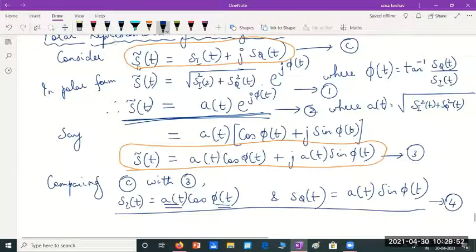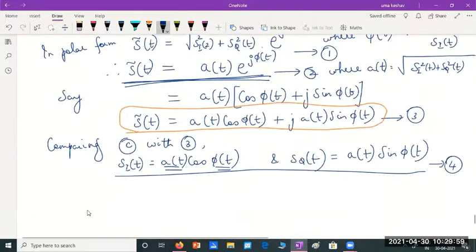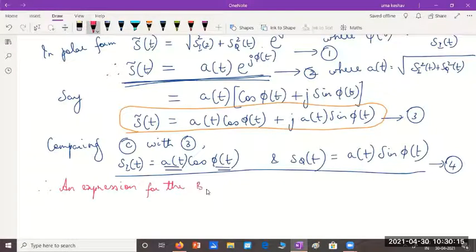We have written only the complex envelope S tilde of t, whereas we haven't written an expression for S of t. Therefore, an expression for the bandpass signal S of t can be obtained as follows.